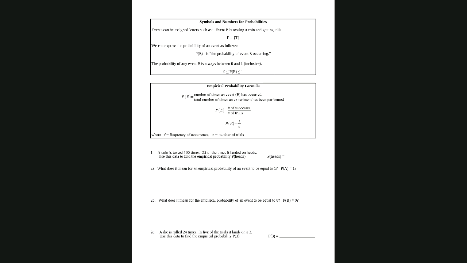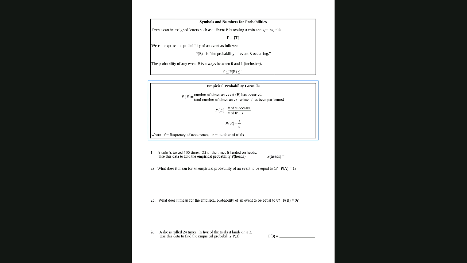Now, subjective probabilities don't have a formula. A person just makes them up to the best of their ability. But empirical probabilities do. The formula for calculating an empirical probability involves past data. So you have to keep track of how many times you performed the experiment.